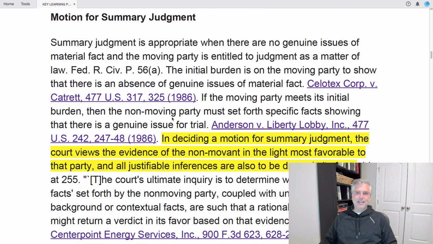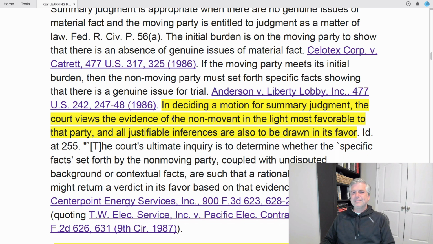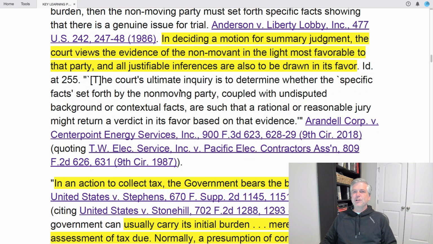So the government, we'll just call it the IRS, is technically the United States of America, but let's just call it the IRS. The IRS is moving for summary judgment, saying there's no reason to have a trial, just summarily enter judgment in our favor. And so the court points out, when one party moves for summary judgment, the other party gets the benefit of the doubt.